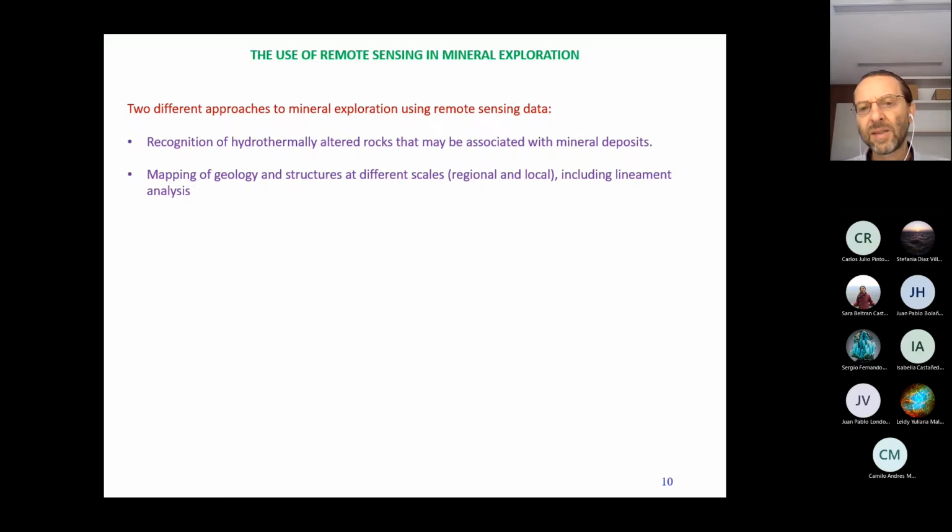And these alteration patterns are associated with certain mineral deposits. So this is one approach. People use the multi-spectral satellites to basically try to find the distribution of different alteration zones. And I'll show you what this means.